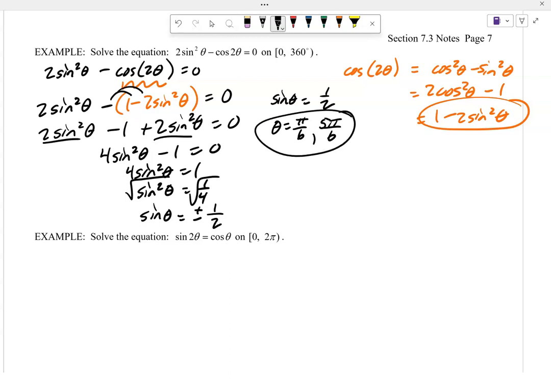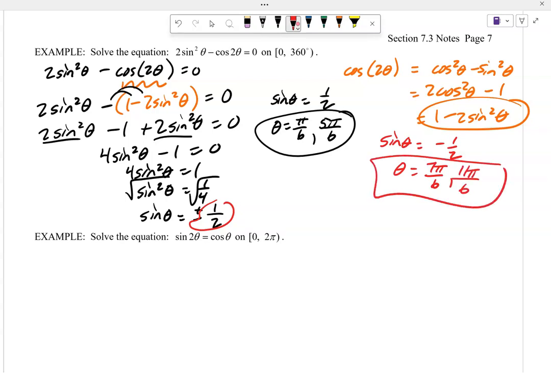And then sine of theta is also negative a half, right? Where's the sine of theta negative a half? That happens at 7 pi/6, or 210 degrees, and 11 pi/6, 330 degrees. And there's our 4 solutions for that one.